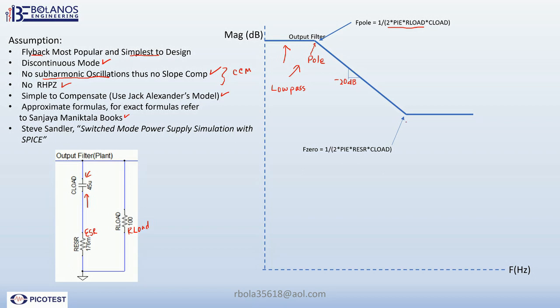Then you have another deflection, now it's going up, and this indicates that you have a 0. Here's the formula to calculate the 0 of your output filter.